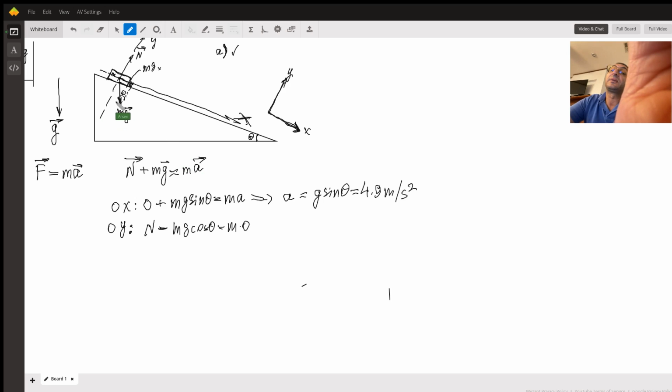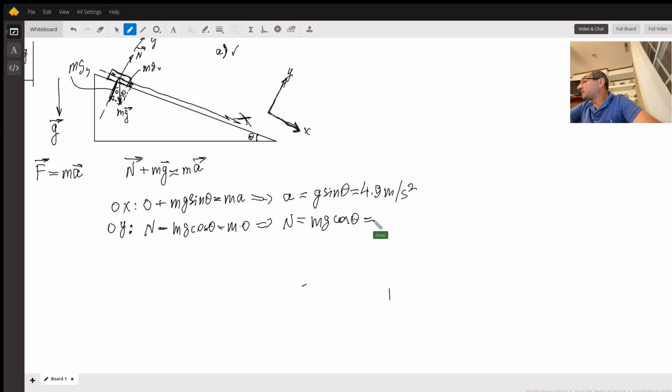This will be the angle again, so this will be the mg y component. From here, the normal force will be equal to mg cosine theta.